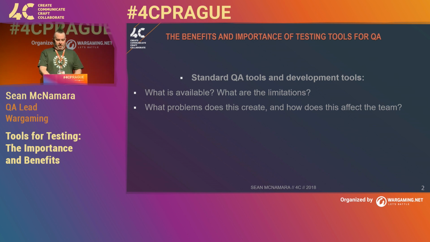So there are several issues that can affect the production cycle, like time limitations, and they can all be related back to QA not having a proper tool system. For example, at a previous studio I worked at, we were working on a platform title, and we had no real tools for QA. It was for a mobile platform.